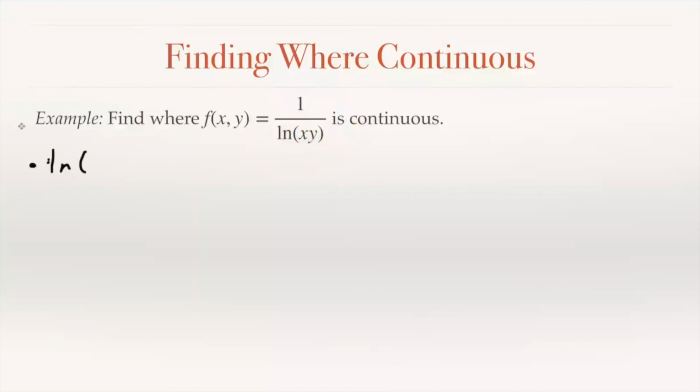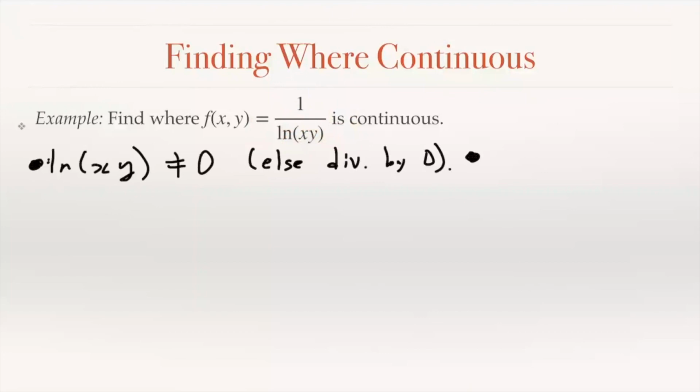We need that the natural log of xy is not equal to 0, else we have division by 0. And we need that xy is not equal to 0 or negative, else the natural log is undefined.